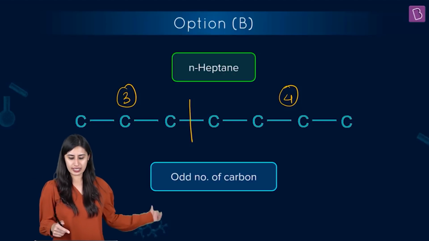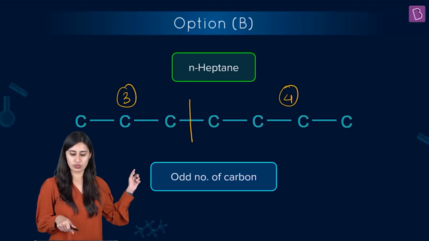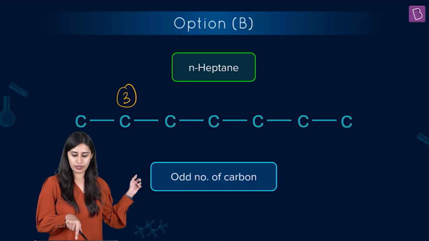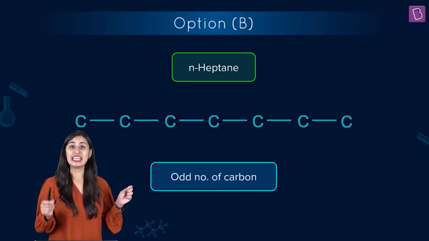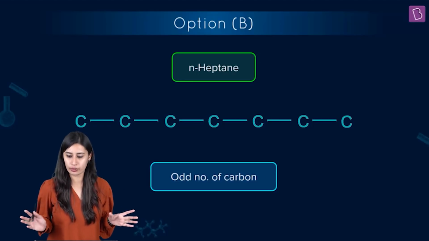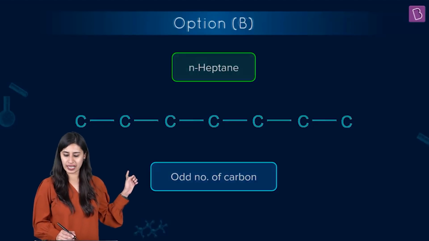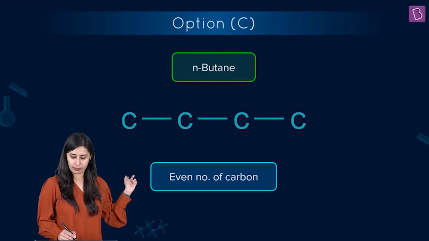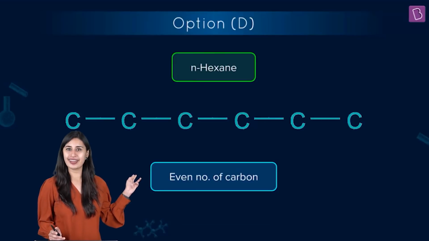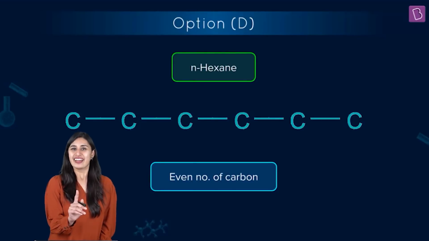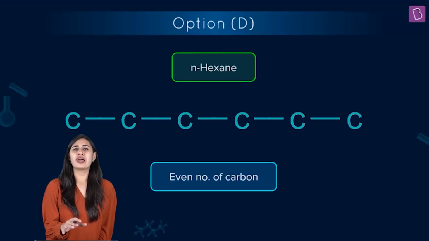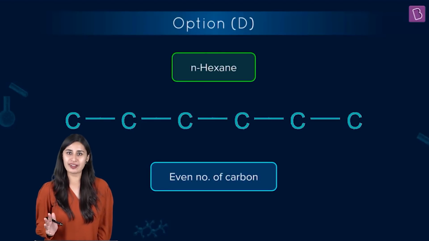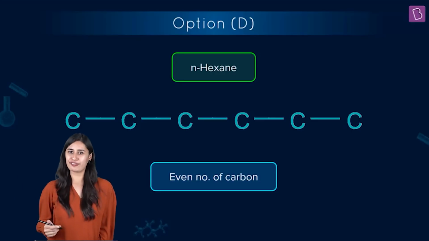But you can understand that here we have an odd number of carbons, which makes it one of the products that is going to have very insignificant yield. Okay, so B looks like the perfect answer for us, but let's test others also. N-butane, again an even number of carbons, and N-hexane, again an even number of carbons, right? The examiner will never confuse you by giving you 2 options with an odd number of carbons. Test it by yourself, right?